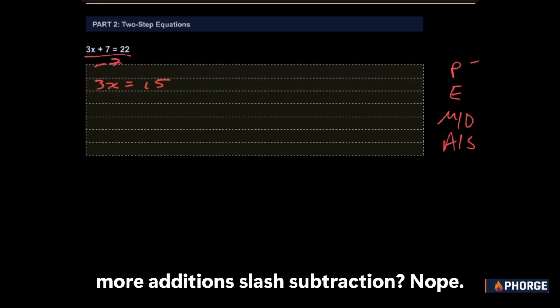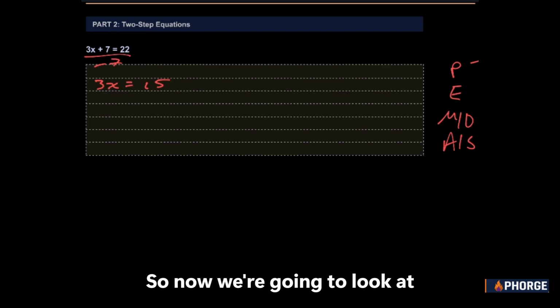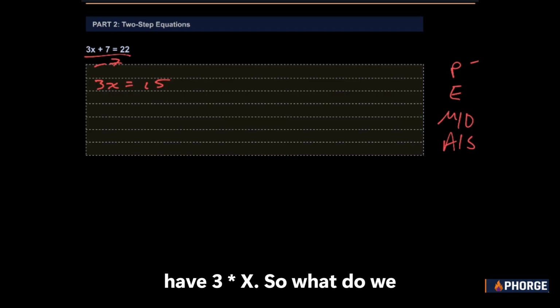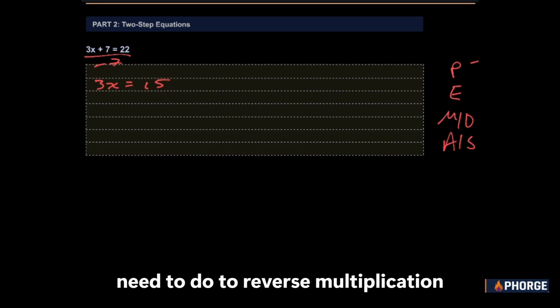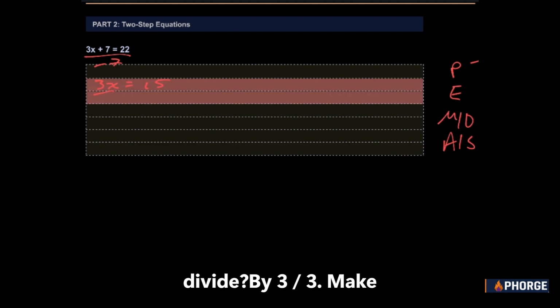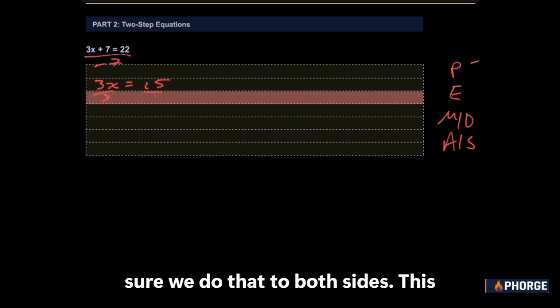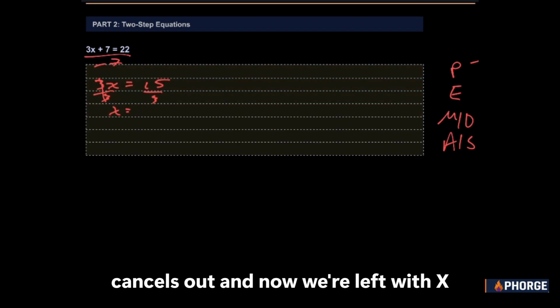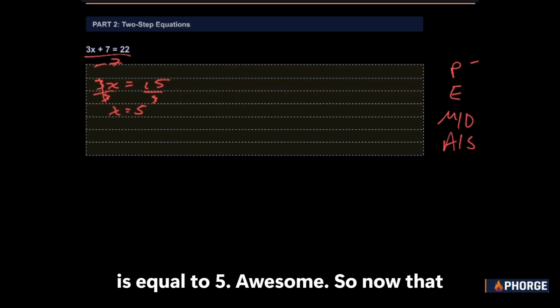Do we have any more addition or subtraction? Nope. So now we look at multiplication and division. We have 3 times x. What do we need to do to reverse multiplication? Divide by 3. Make sure we do that to both sides. This cancels out, and now we're left with x is equal to 5.